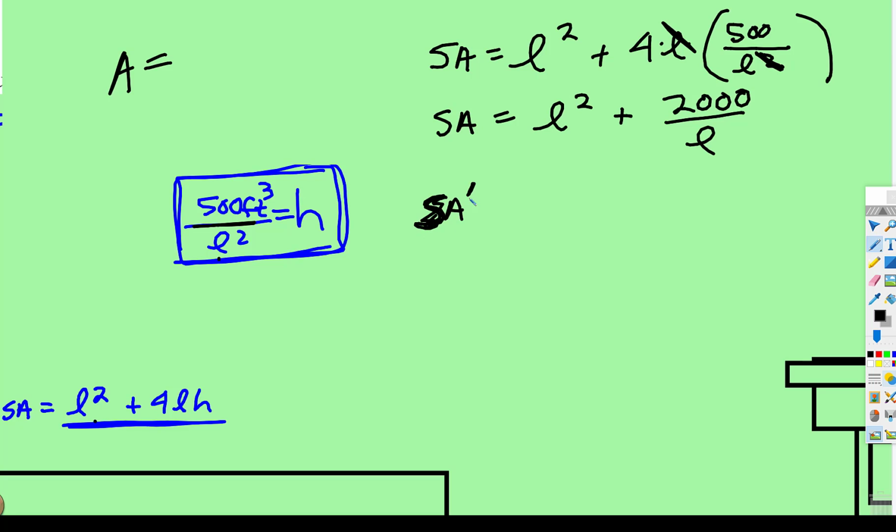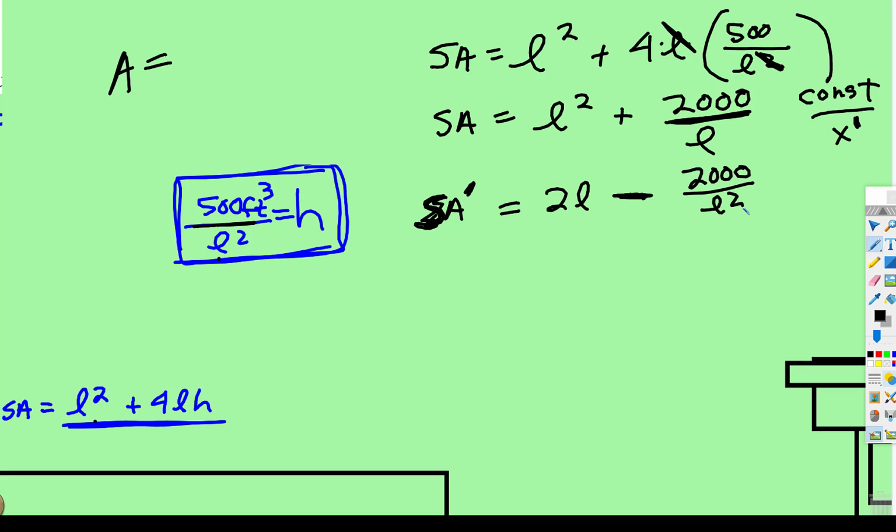So I like for people to know that we're talking about surface area, so I leave the S. So the derivative of L squared is 2L. And then remember, anytime you have a constant over a variable to the first degree, that derivative ends up being subtract that constant over L squared.